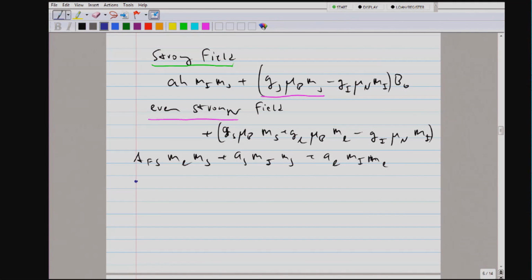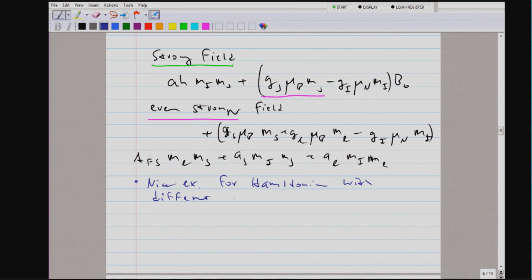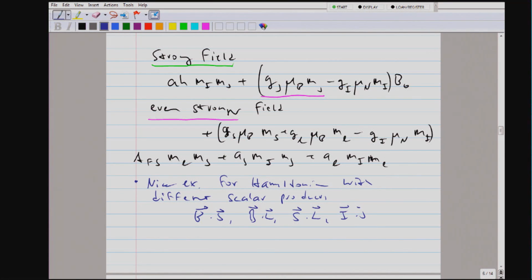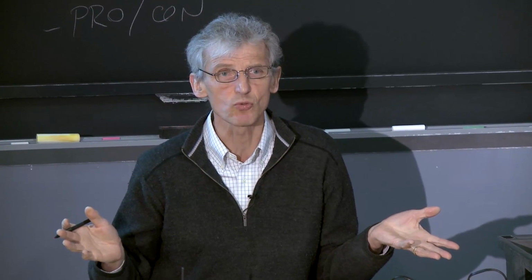But as a general illustration of quantum mechanics, I thought that this was a nice example for a Hamiltonian where we have different scalar products like B times S, B dot L, S dot L, I dot J. And the question is, how do we take care of those different parts because they do not commute?